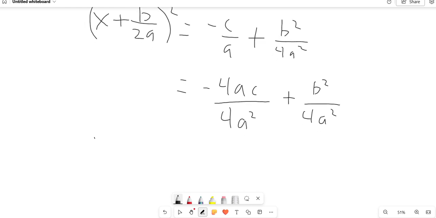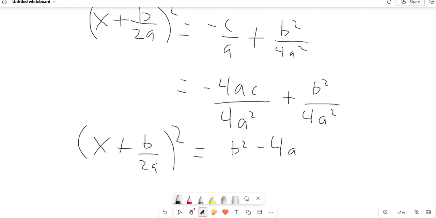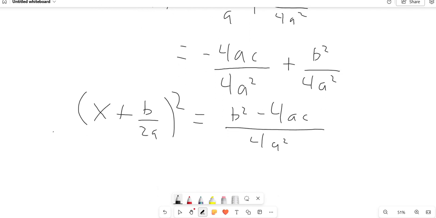So now we have x plus b over 2a squared equals, I'll reorder the right side, b squared minus 4ac divided by 4a squared. Now we're going to square root both sides.